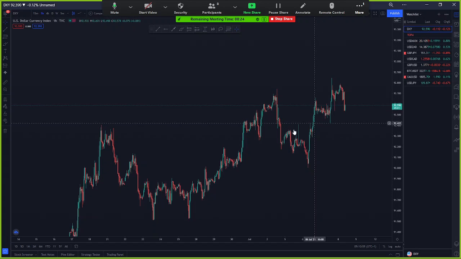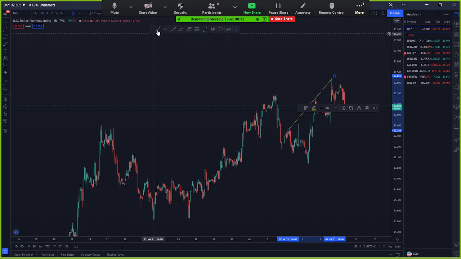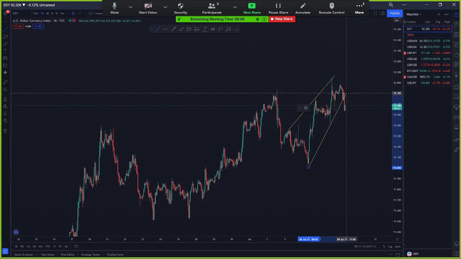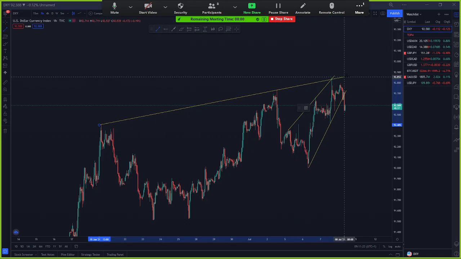You see what we saw on the 15 minutes was this price structure here. Most times you will find patterns inside a pattern. That's market fractals. Market just tends to repeat itself over and over again.